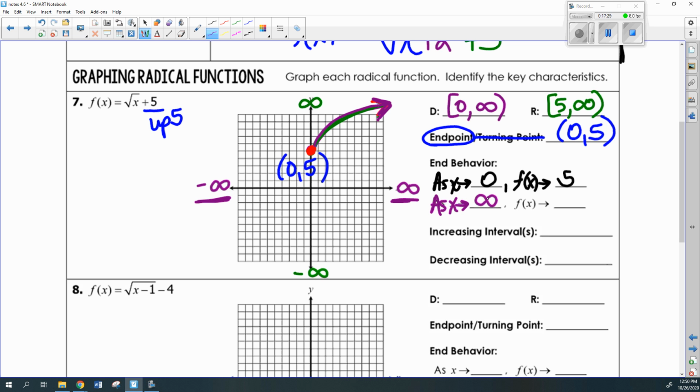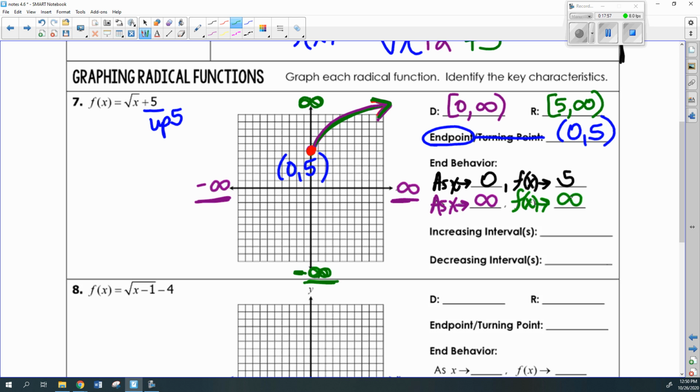Then for the y value, or the f of x value, you want to look at whether that arrow is pointing down, and you'd use negative infinity, or pointing up, and you'd use positive infinity. So it's the same arrow, but it's not only pointing to the right, it's pointing up, so I'm going to use positive infinity there.